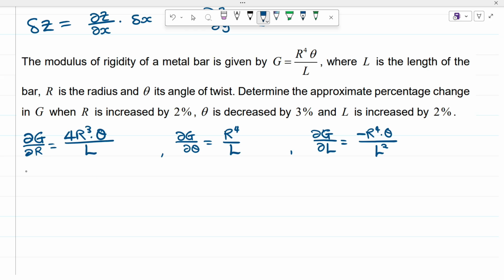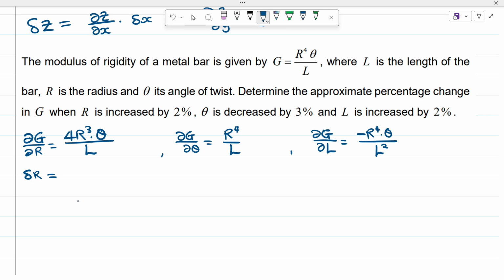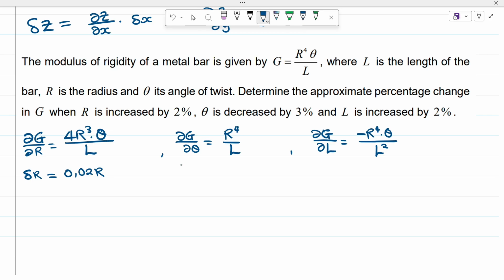So now let's write the small changes of these things. Small change of R is going to be equivalent to what? They told us that R is increased by 2%. So small change in R is going to be 0.02R. So R is increased by 2%. This is the one. And then now let's write the small change in theta.